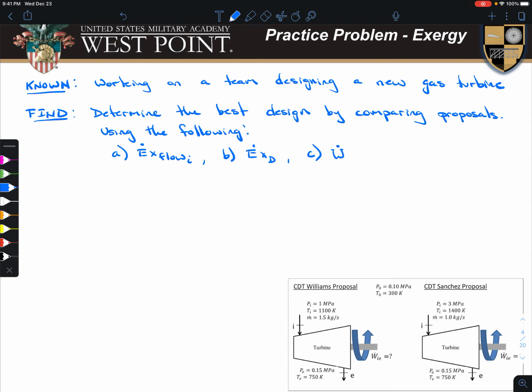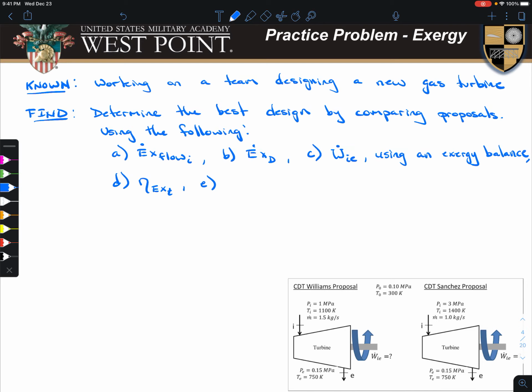Part C, we need to find the useful work that is produced from both, but in this case we need to do that using an exergy balance. Part D, we need to find the exergetic efficiency of the turbines.